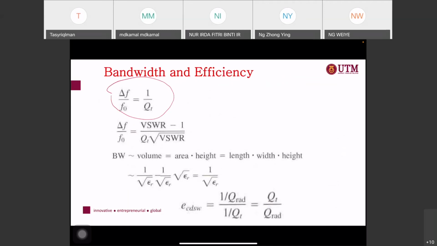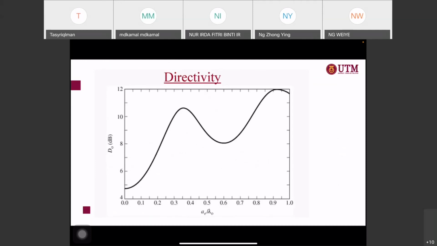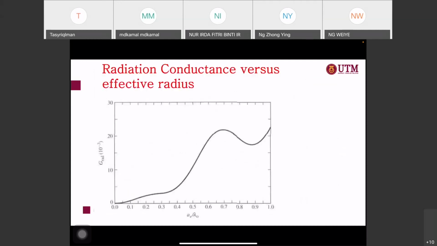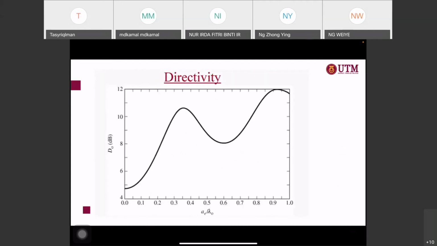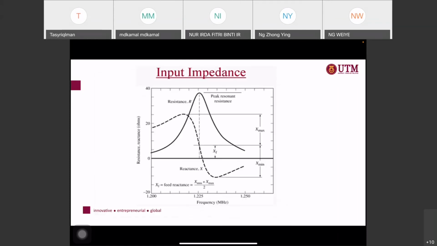So you need to find the quality factors so that you can determine the bandwidth of your antenna. Okay, so this is just a graph: radius and conductors, effective radius, and then you have directivity, and from here you have efficiency and percent bandwidth, as well as the input impedance here.